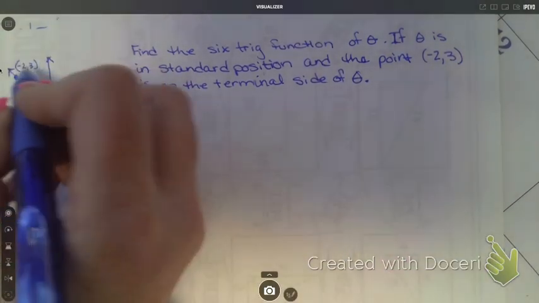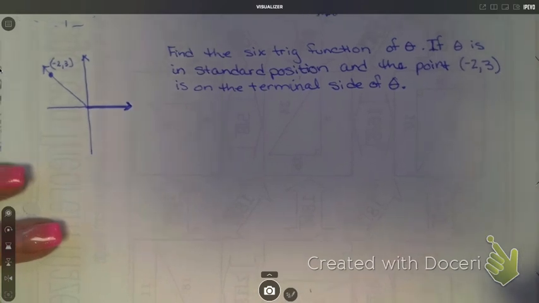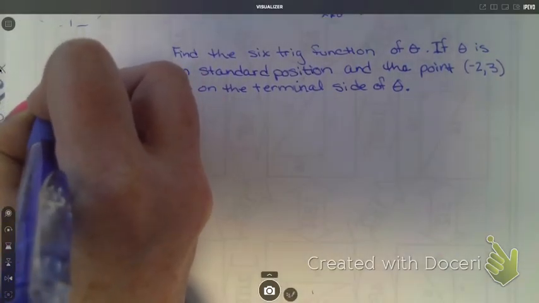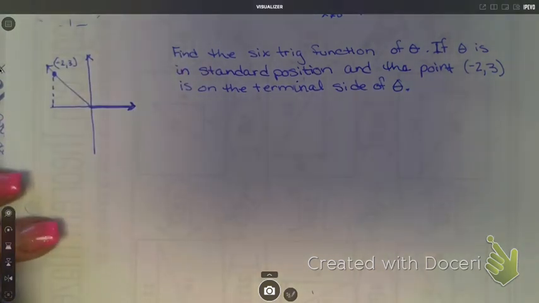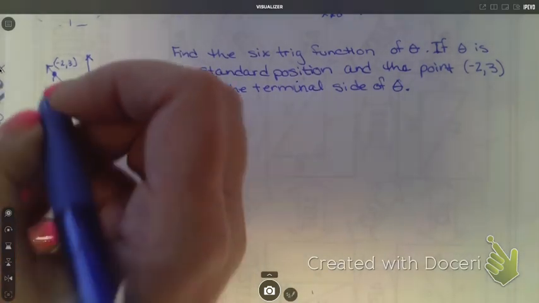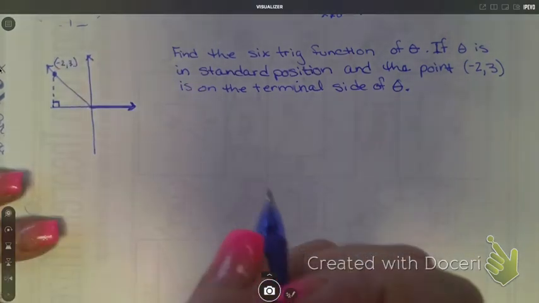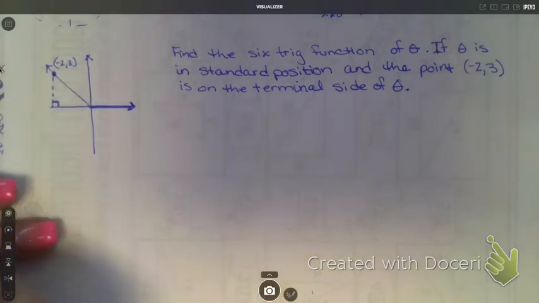Well, if the point's -2, 3, I probably need to make a right triangle, always to the x-axis. So here's my right angle. Do I know anything about this right triangle?